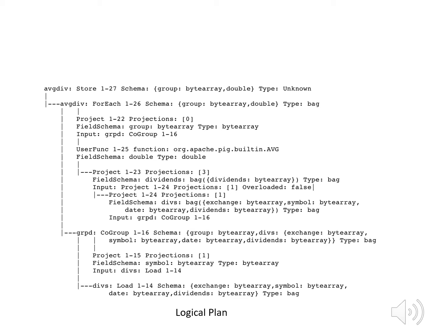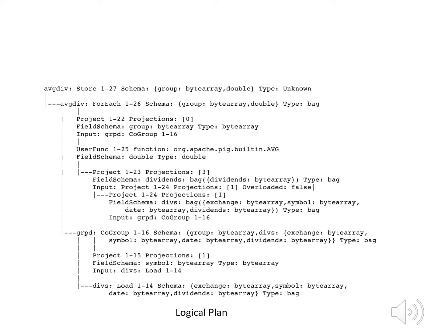The cogroup and foreach operators also have expressions attached to them. In the cogroup operator, the projection indicates which field is a grouping key, in this case, field 1.